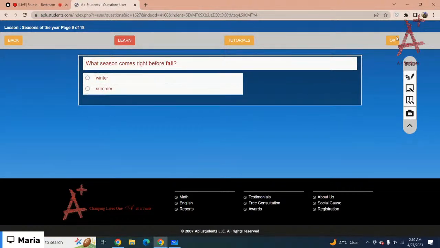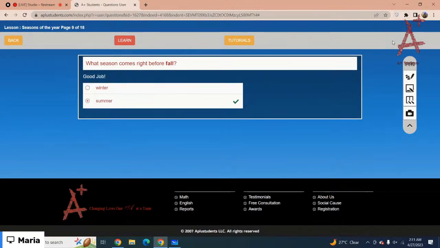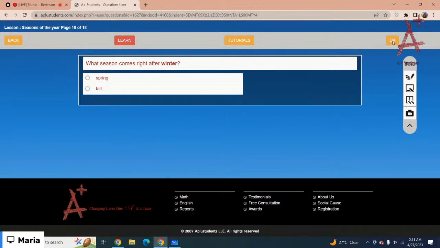Okay, what season comes right before fall? Before fall, it is summer. So the correct option is summer. What season comes right after winter?